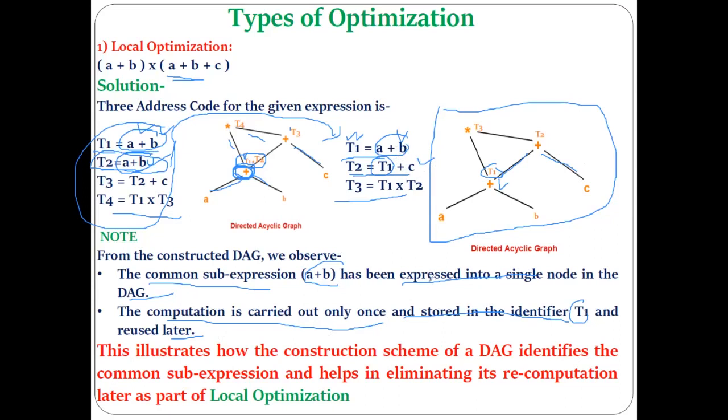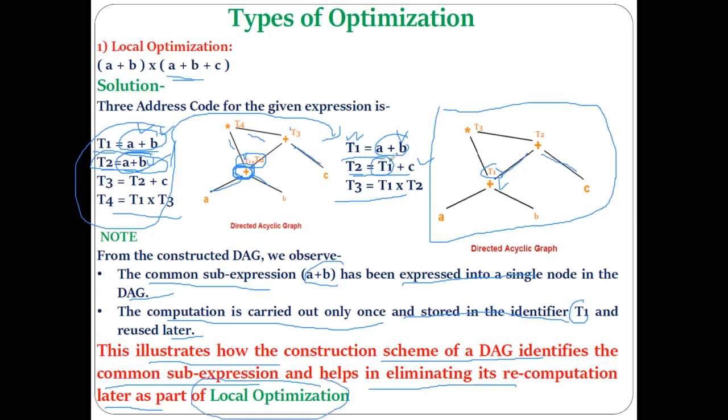From this you must be able to understand that this example shows that the construction scheme of a DAG identifies the common sub expression. Which common sub expression does it identify? A plus B. And because of the identification of the common sub expression, it helps us eliminate its later recomputation, as a part of local optimization.